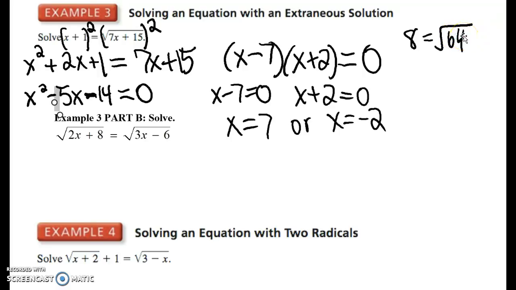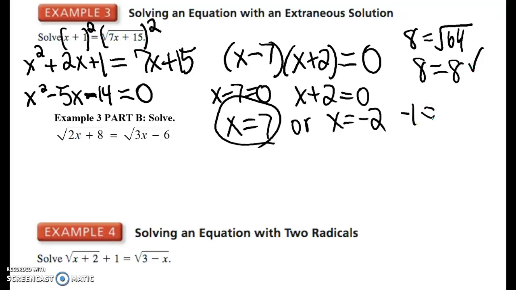So that works. 8 equals 8. 7's going to work, so that's going to be one of our answers. You could circle it. For negative 2, if I plug that in, on the left-hand side, I get negative 1 equals, and then I can stop right there because I have a square root equaling a negative number. Whatever's inside here is not going to work out. So this answer is called extraneous.